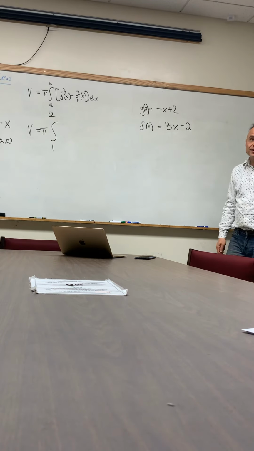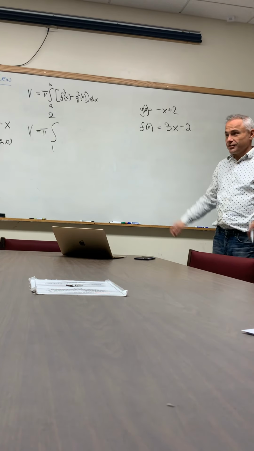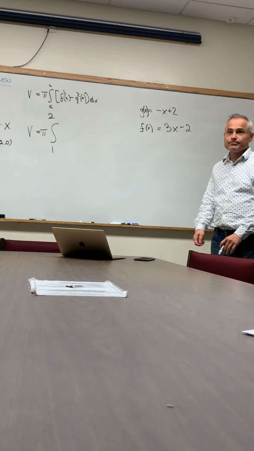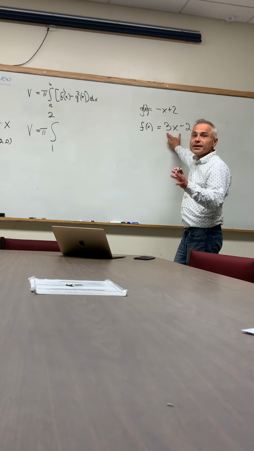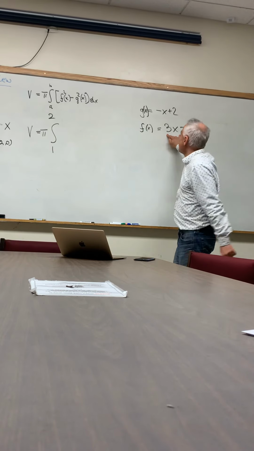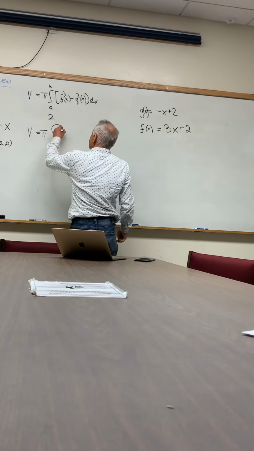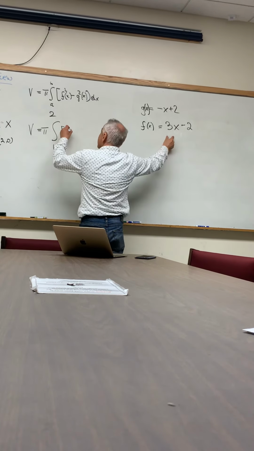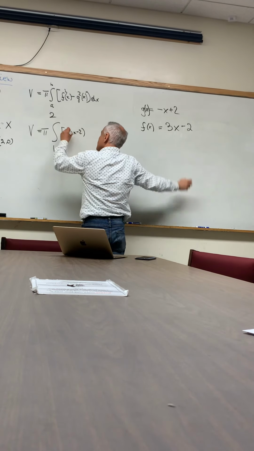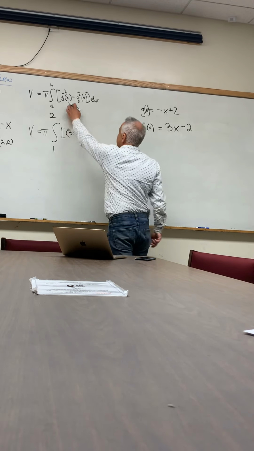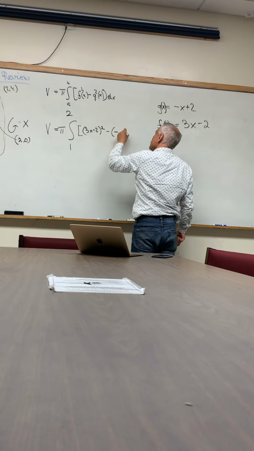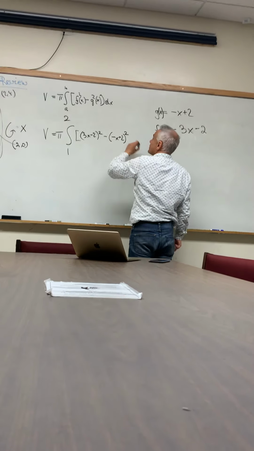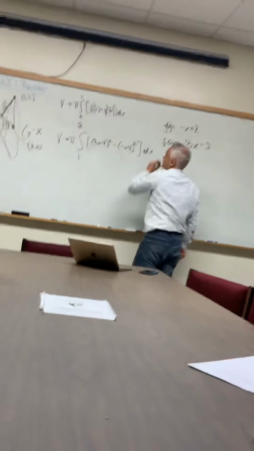Sort of my way of getting an equation, but you all are used to getting equations your own way. So, assuming that I didn't make a mistake, which I'm about 90% sure of, the formula then is the integral of (3x minus 2) squared, that's f, minus g of x, negative x plus 2, squared dx.